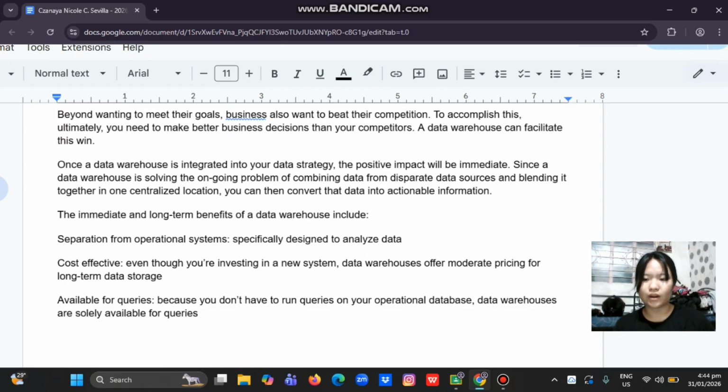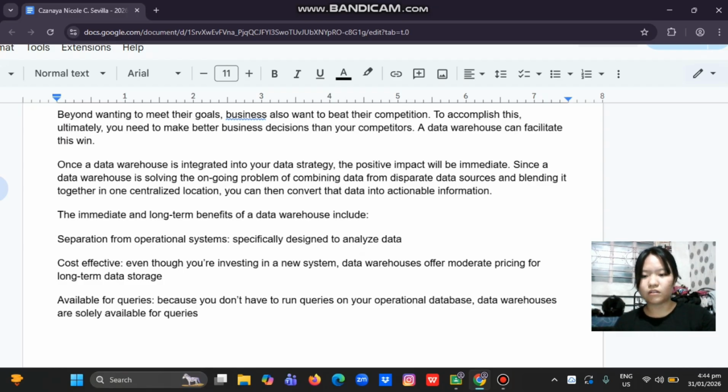Once a data warehouse is integrated into your data strategy, the positive impact will be immediate, since a data warehouse is solving the ongoing problem of combining data from disparate data sources and blending it together in one centralized location. You can then convert that data into actionable information.